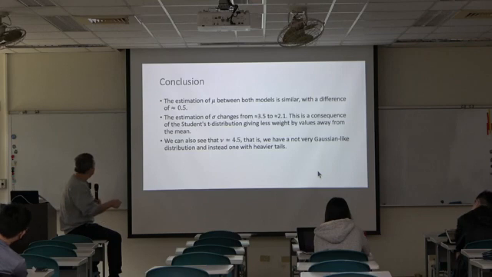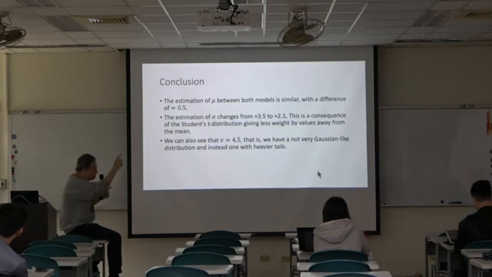The estimation of μ between both models is similar, with a difference of about 0.5, which is better because it moves the mean closer to the mean of the real data. The estimation of σ changes from 3.5 to 2.1.